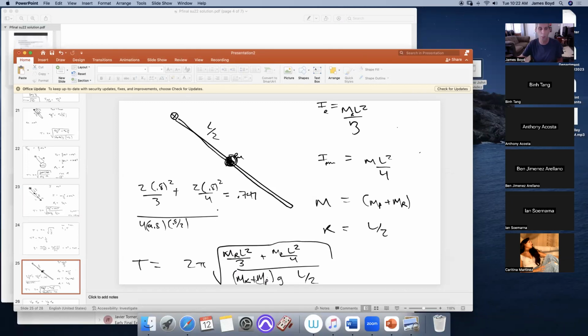So this is 15.68. And if I divide those two things, 0.747 divided by that, and then take the square root, and then multiply by 2 times pi, I get 1.37 seconds.